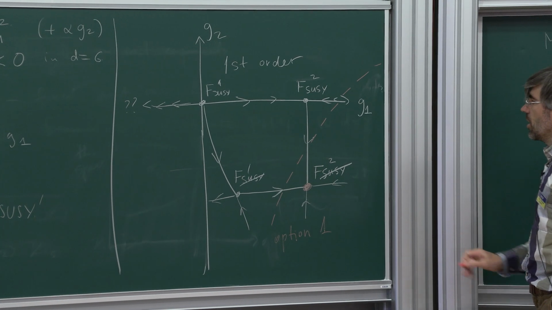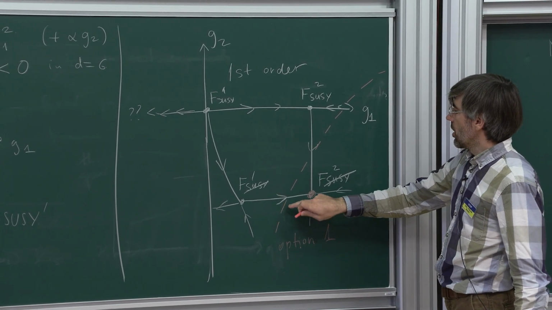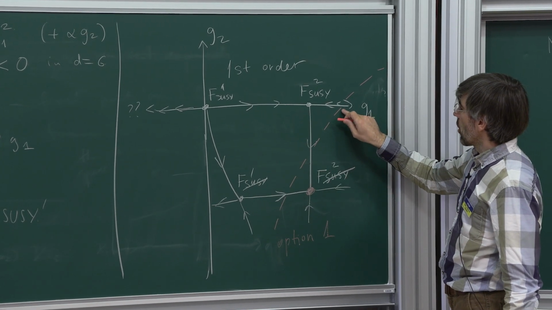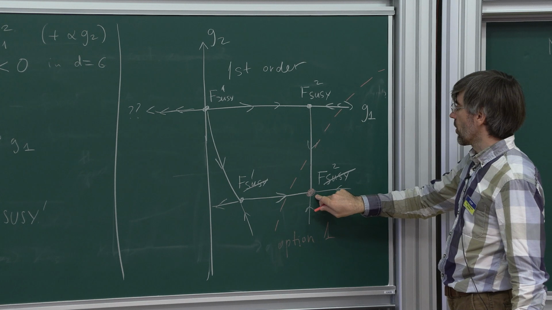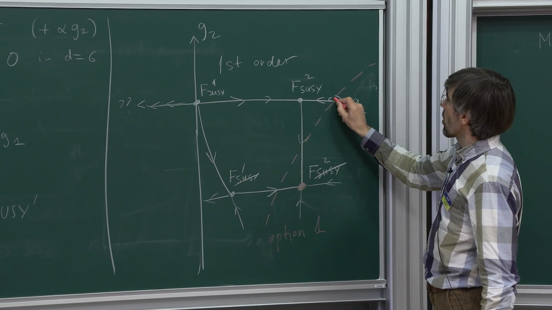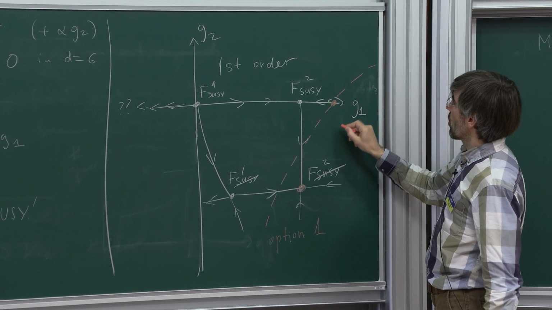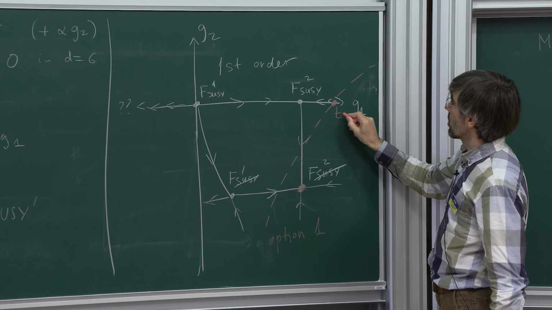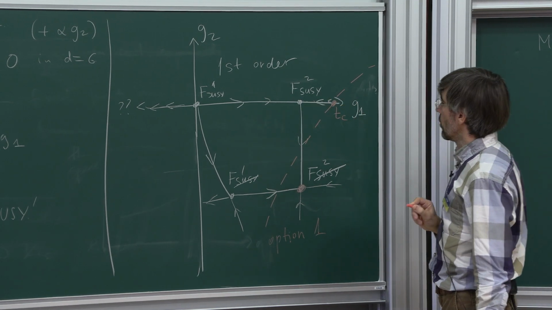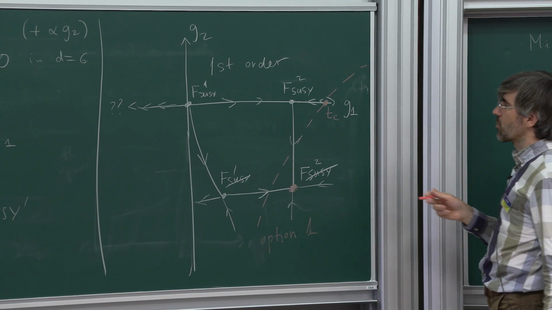What are you going to see in this case? Well, as long as you are on the lower part of this diagram, you are going to always flow to the non-SUSY fixed point, and you will see the non-SUSY critical exponents. When you arrive to this point, which is going to correspond to some critical value of parameter t critical, you are going to flow to the supersymmetric fixed point.